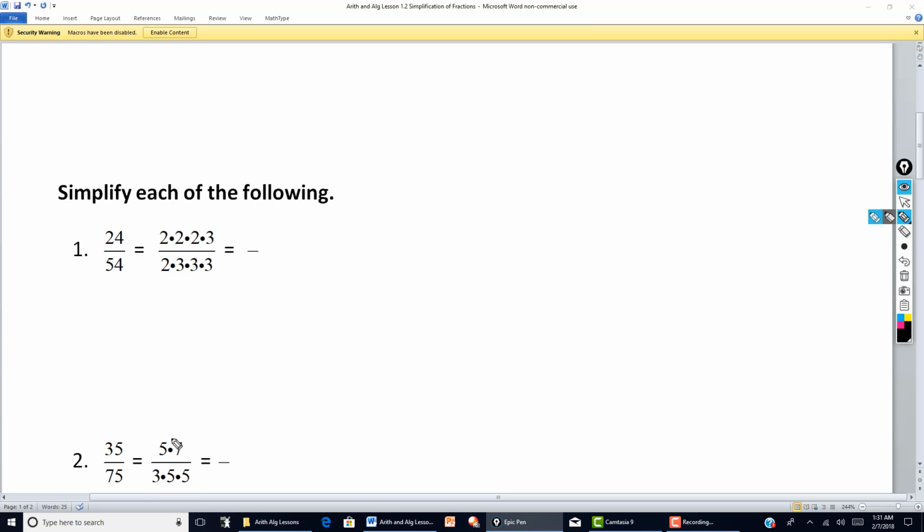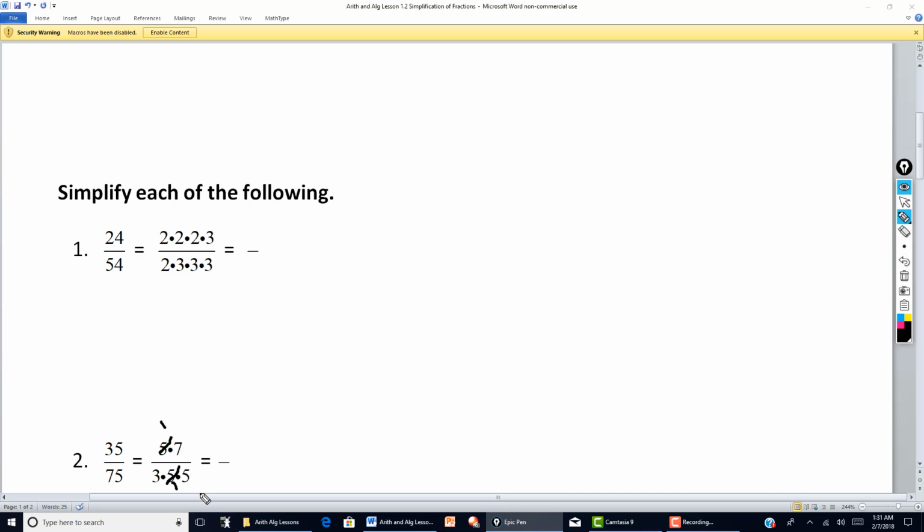And then you divide out your common factors. You can cancel one factor on top with one factor on the bottom. They have to be the same. So this 5 here divides out, I put a 1 there, with this one right here.